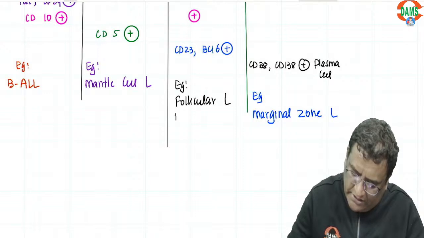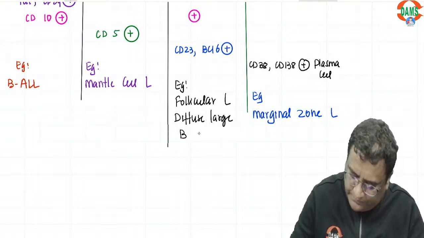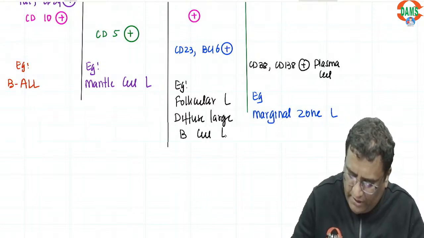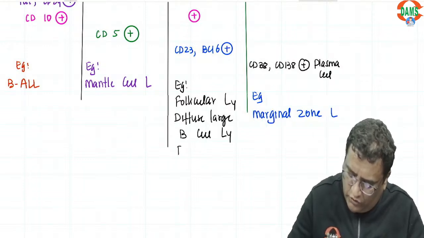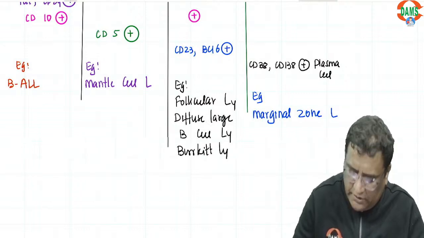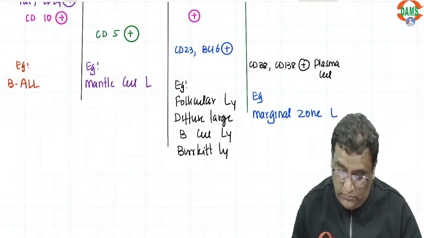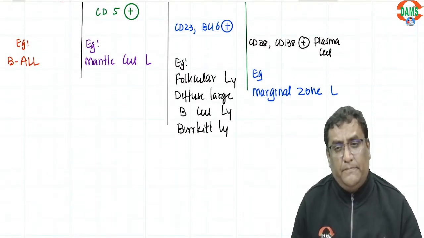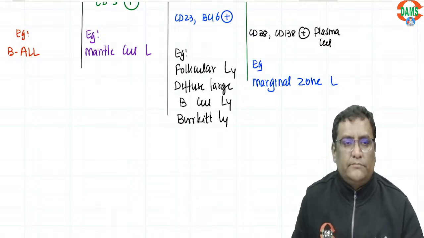Arising from germinal center: diffuse large B cell lymphoma. I'll write L for lymphoma. And one more, Burkitt lymphoma. Those which are arising from germinal. Burkitt lymphoma. Right? Next.